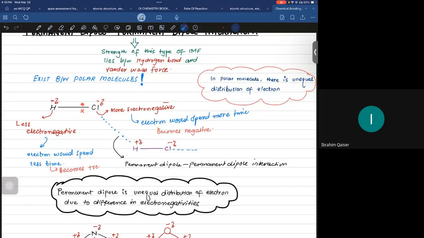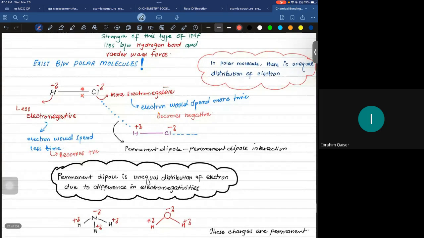Permanent dipole interactions occur only between polar molecules. Also, in group 7, electronegativity decreases down the group. Fluorine is more electronegative, chlorine is less, then bromine, then iodine is the least.